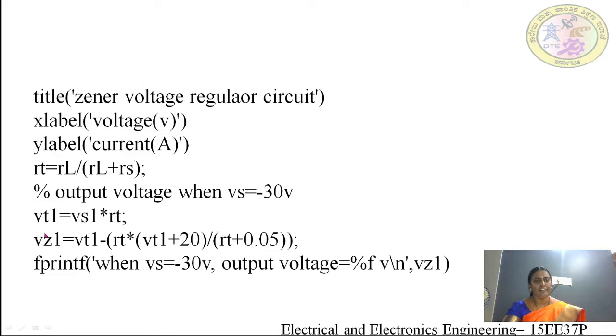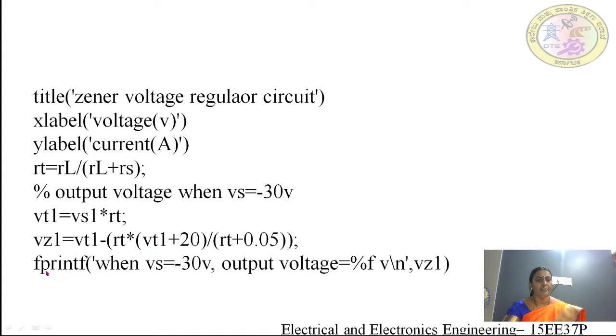For that, we have calculated VT1 and VZ1, where VT1 is equal to Vs1 into Rt, and VZ1 is equal to VT1 minus, and these are all there in the equation we have already proved in the beginning.